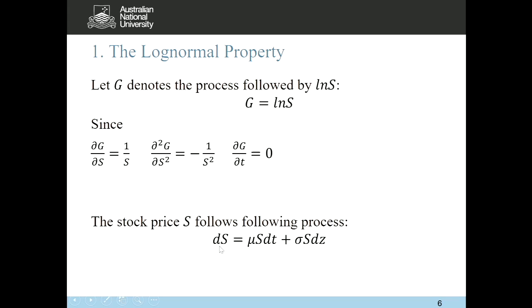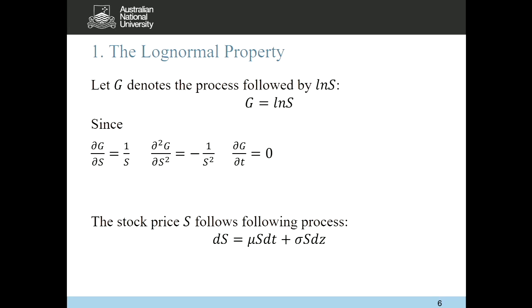So basically, in other words, dS, the change in the share price, has a drift rate of mu and a variance of sigma. Okay, so what is this dz term here? Now, dt just means small change in the time interval. Now, dz represents something called a Wiener process. And you can simply regard this process as adding noise into the path followed by the share price.